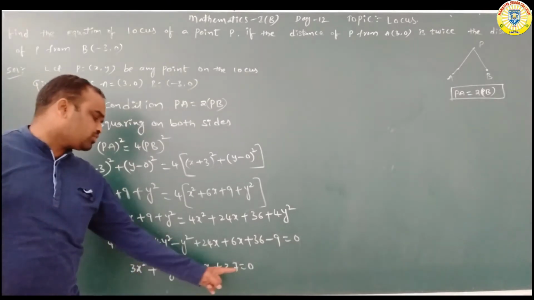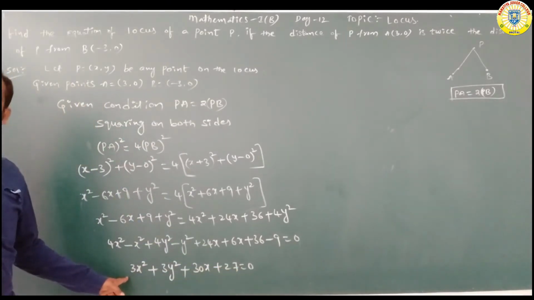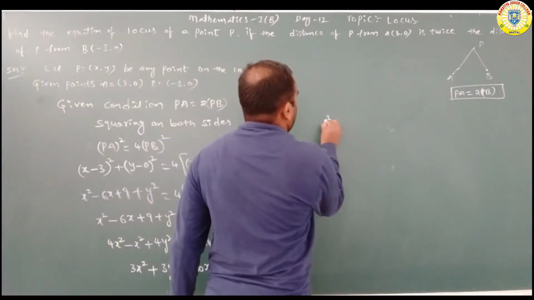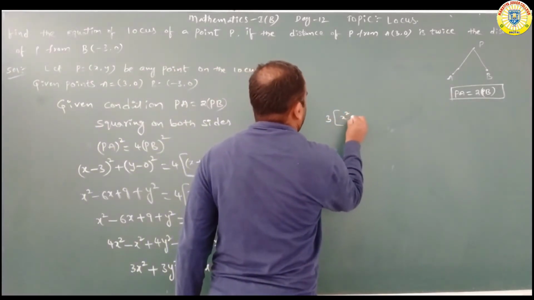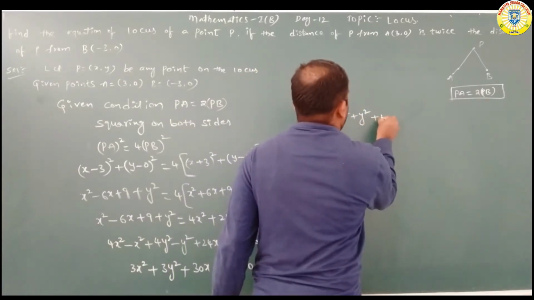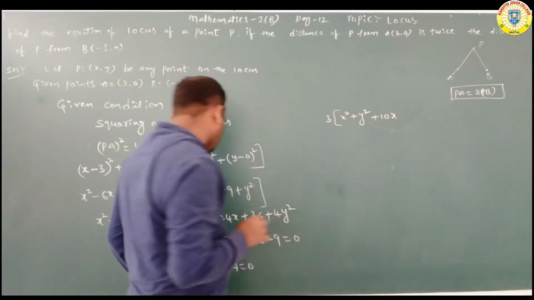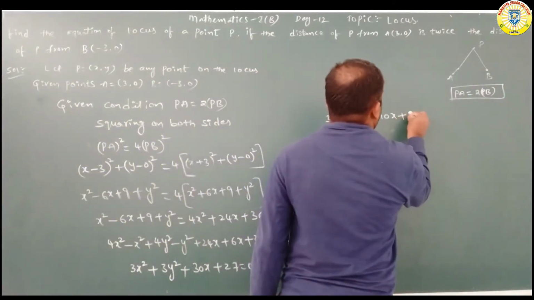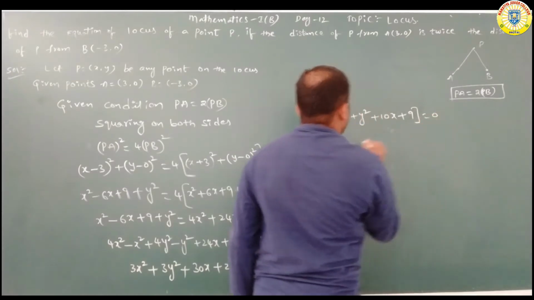All the terms we can take common. What is the common value? 3. So 3 we are taking common. Remaining value: x square plus y square plus 3 into 10x; 30x is there, so 10x plus 9 is equal to 0.